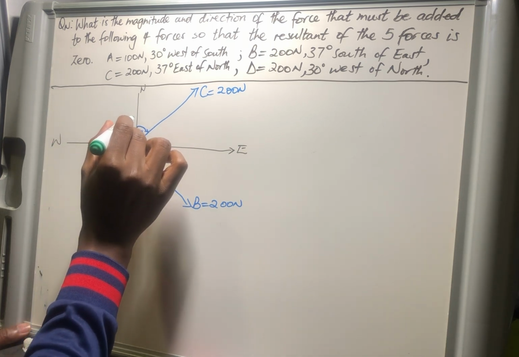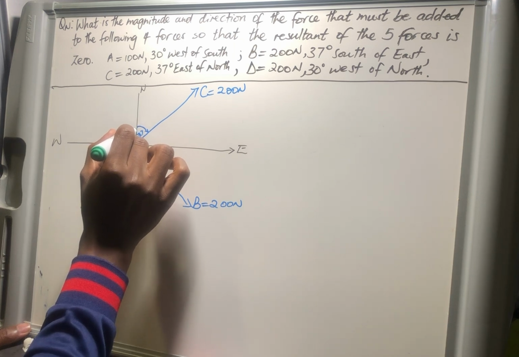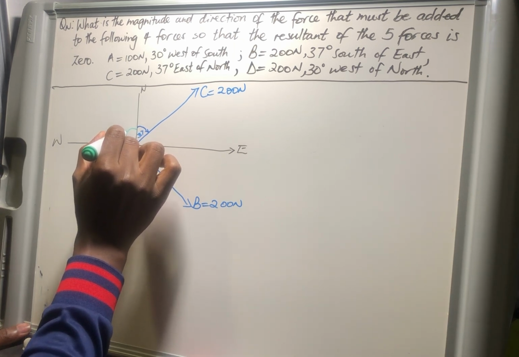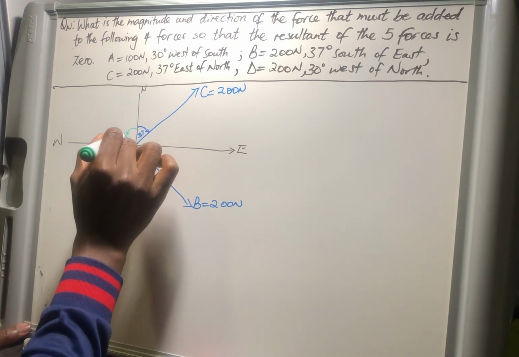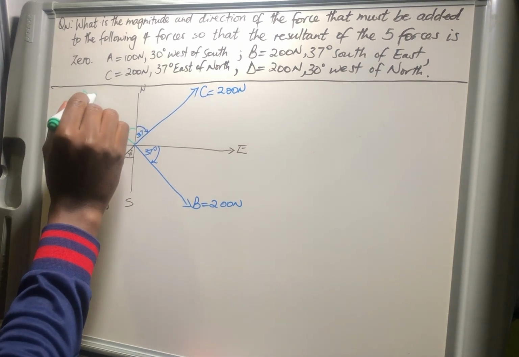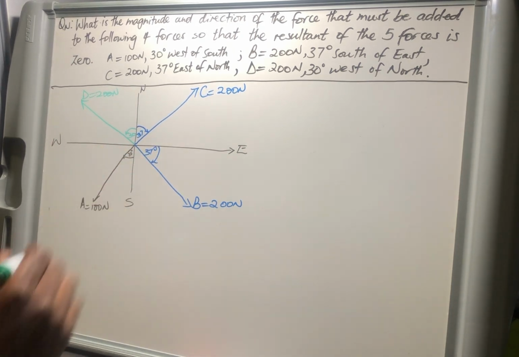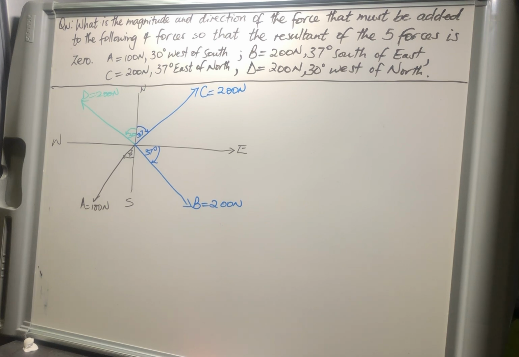I'm going to peg my 30 degrees somewhere here. Then I'll put a line, and this line will be my D, which is equal to 200 newtons, and the angle is 30 degrees. So if I'm to represent it on the diagram, this is what is expected, ladies and gentlemen.